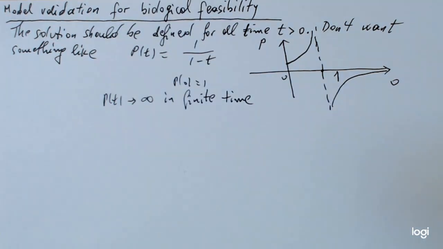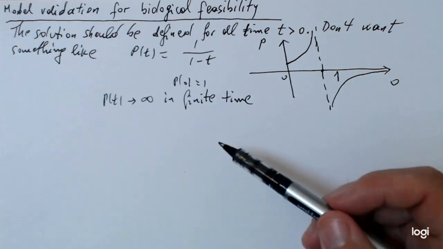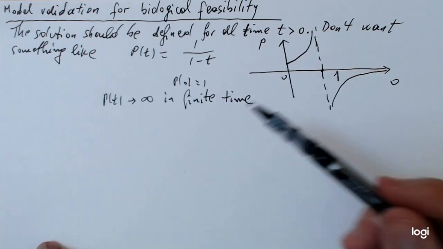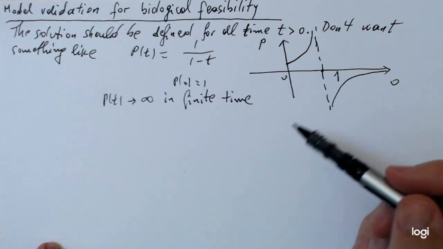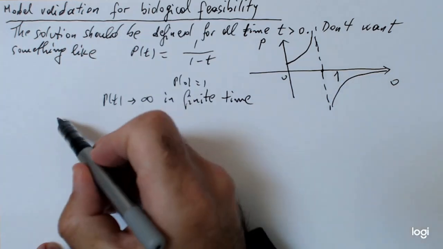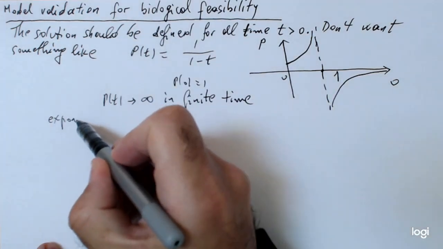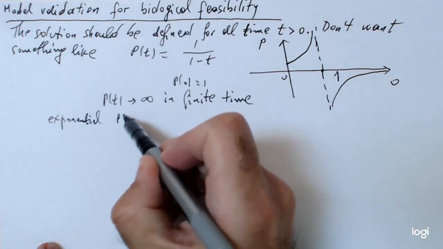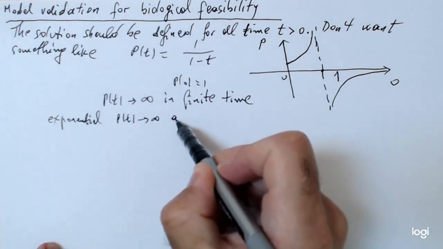which is not biologically correct. Notice I'm not talking about realism, right? Because in the case of an exponential ODE, you have P of t going to infinity as t goes to infinity.